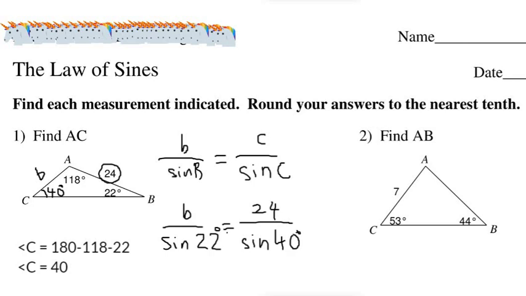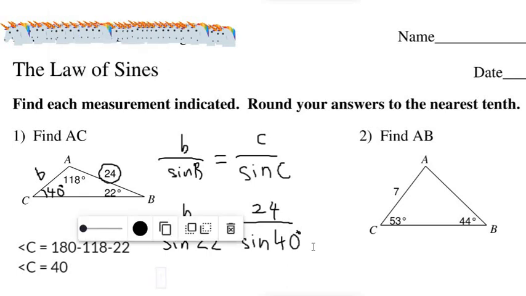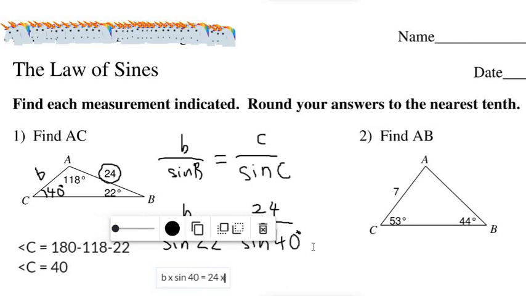And now we can get to the side b by cross multiplication. So let us cross multiply. That will be b times sine 40, and that equals 24 times sine 22 degrees.